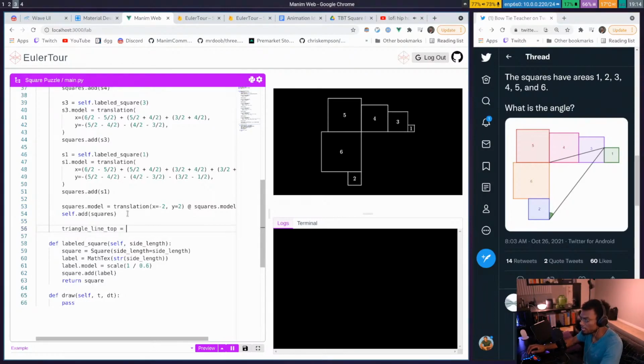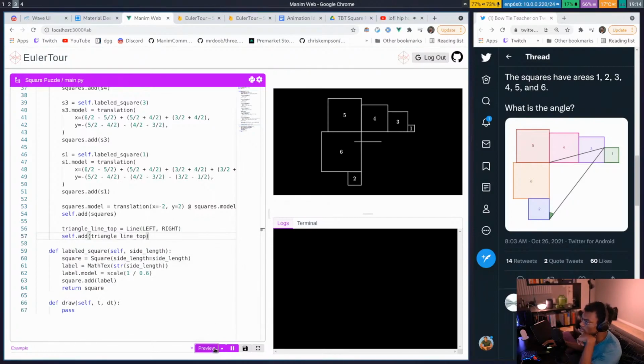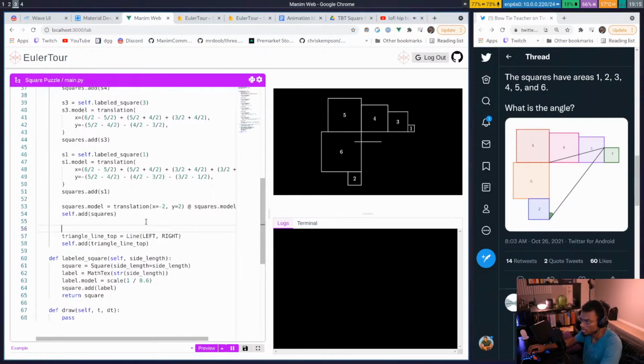Triangle line top or something? I'll just have a line. I'll just put this left and right. Now add that in. Great. I have to put start and end on. And I think I actually will want something like lines. Let's do self.lines equals V group.